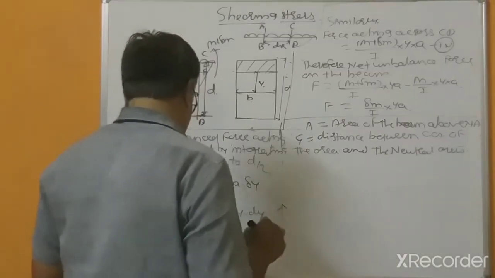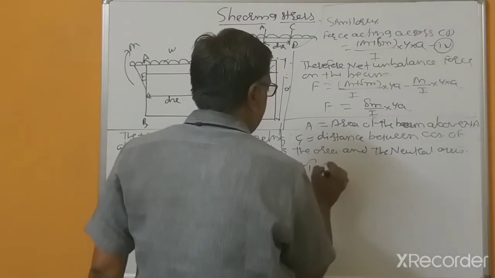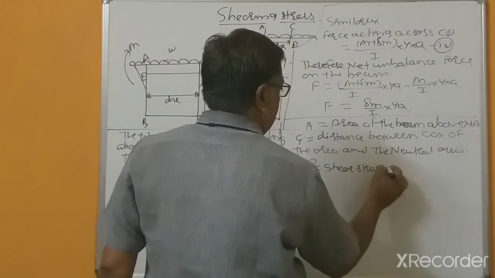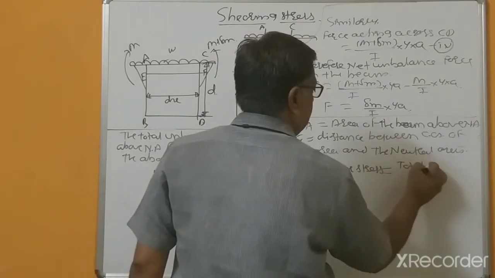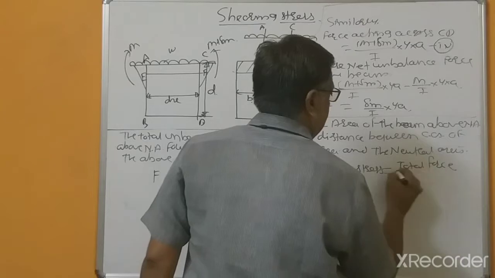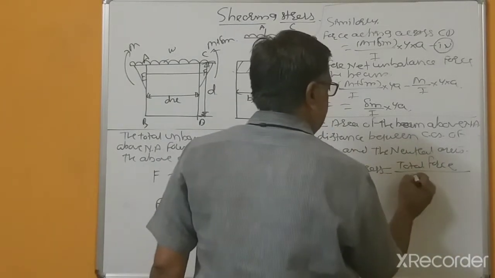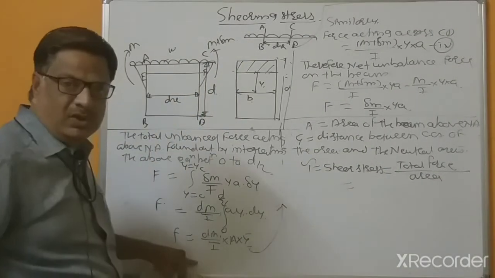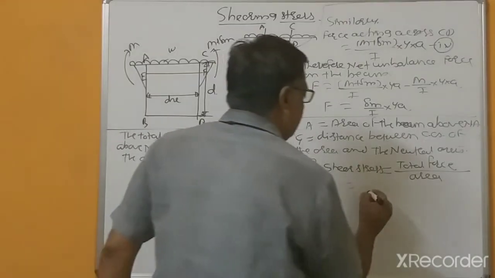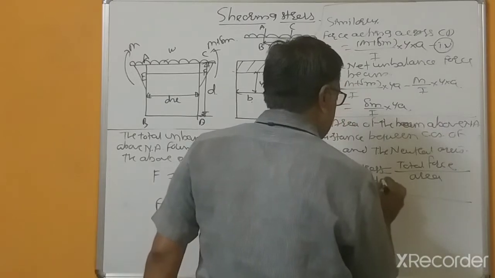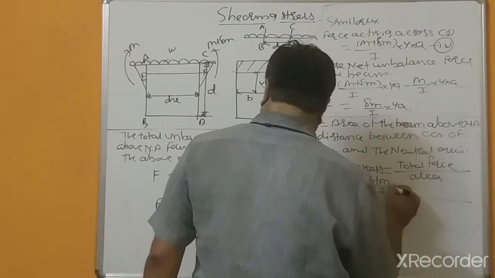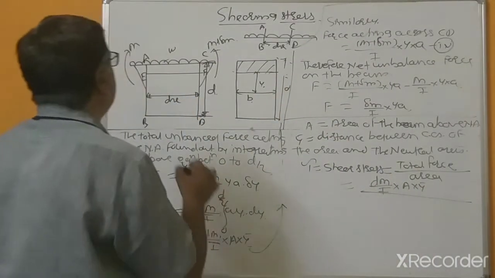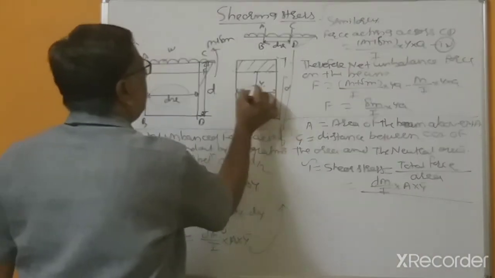Now shear stress equal to total force divided by area. Now total force equal to, so please understand this, total force equal to dM divided by I into A Y bar. Area equal to this dx multiplied by b.